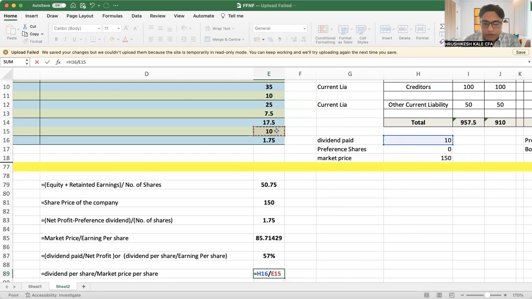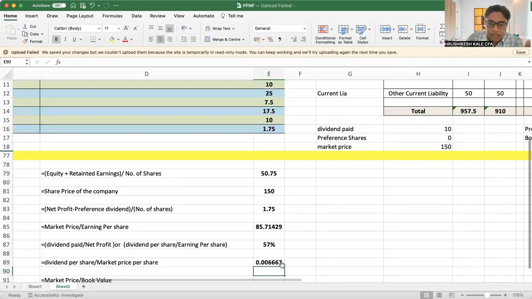This is dividend per share. So, I will just put it in brackets, dividend per share divided by market price per share. And what is market price per share? It is 150. Convert it into percentage, and that is your dividend yield.